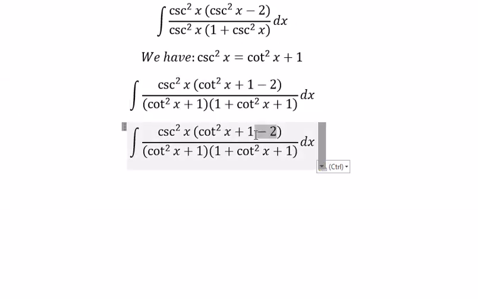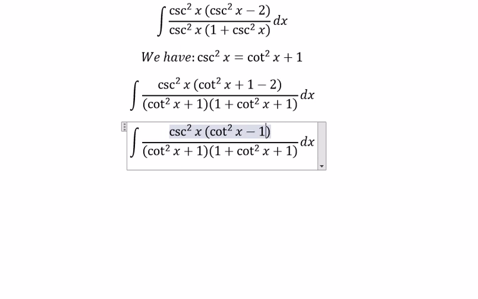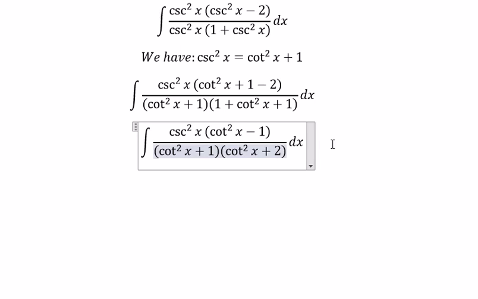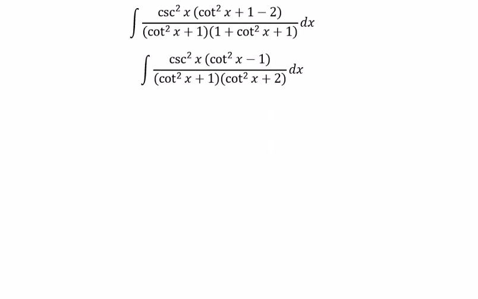This one you get negative 1. This is number 2. Now we need to use integration by substitution.